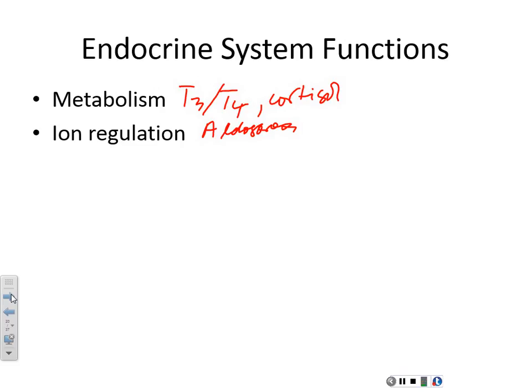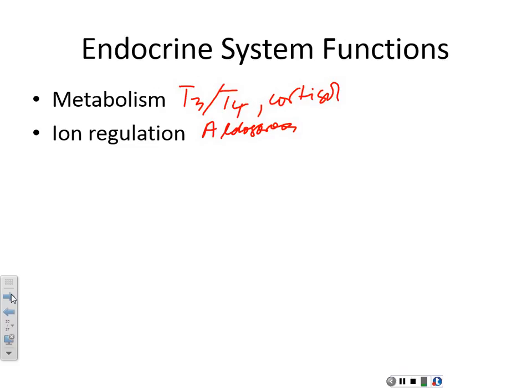So if you want to increase your blood volume, you retain more of these ions, and then water follows. Then you release concentrated, low volume urine. If you want to get rid of fluids, let's say you've got high blood pressure, then you release more ions out, and then water follows it, so you have more dilute, high volume urine.